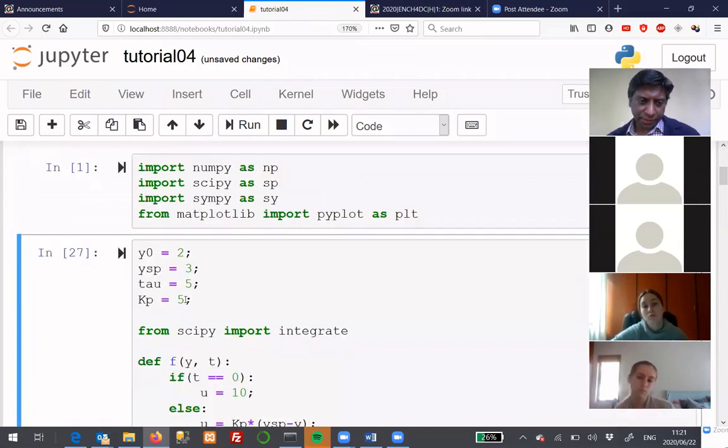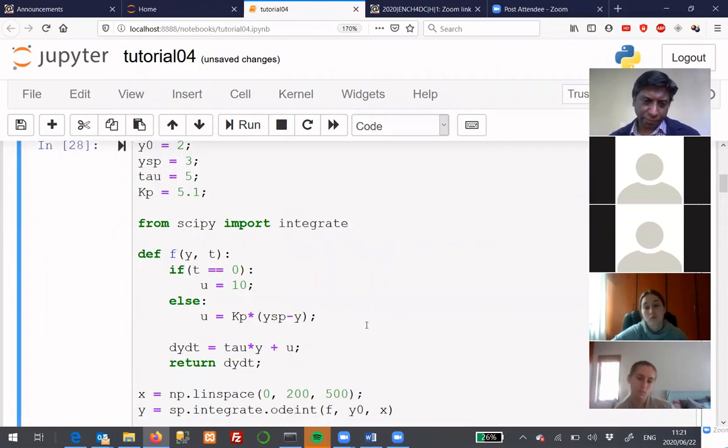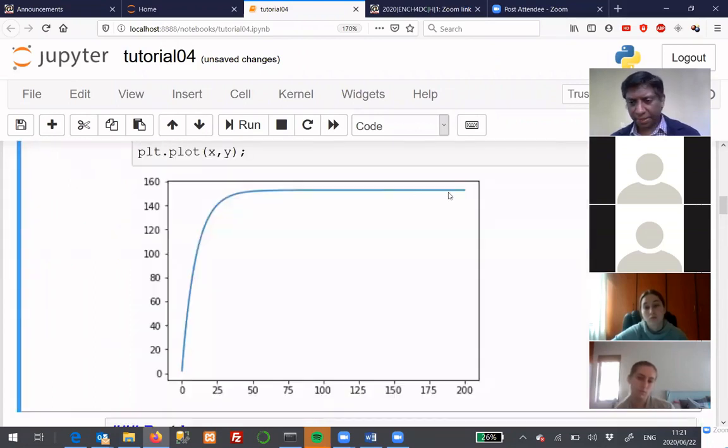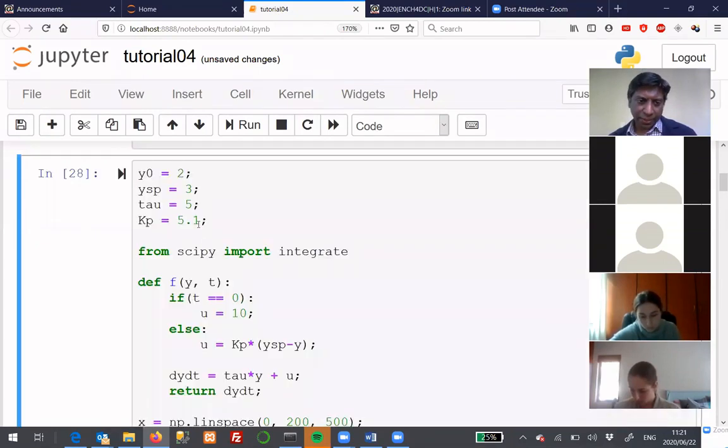If we increase Kp just slightly beyond the 5, then you can see it's bending that curve down and we are reaching a steady state. It's not the intended steady state, it's not the 3 we are looking for, but it's at least causing the system to be stable. And we can make this arbitrarily close to 5. So let's try 5.0001.